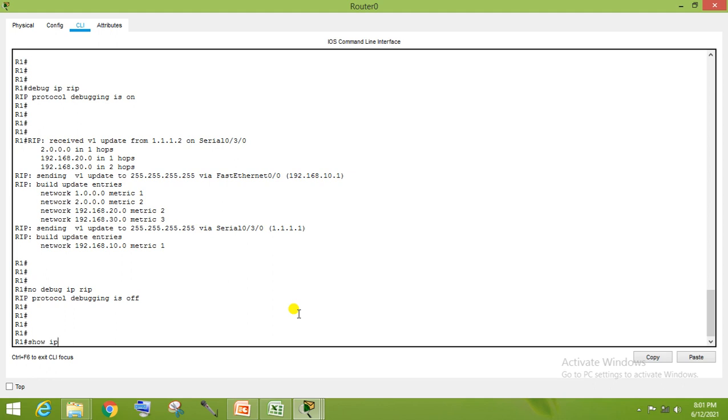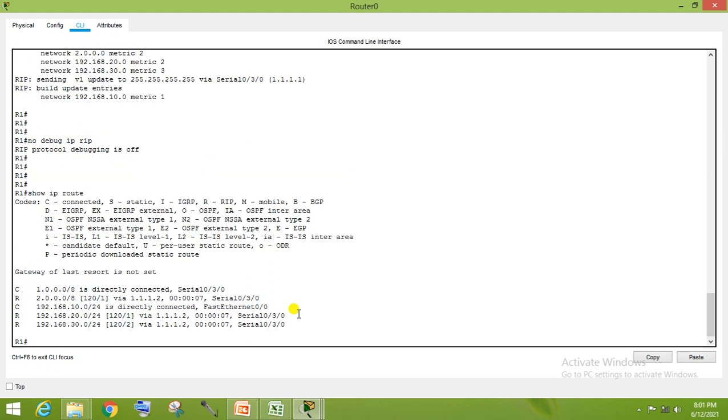Just use the command show ip route. So what we have learned here: this is a directly connected route, the 1 network and the 10 network, which it already knows. But the 20 network and the 30 network are learned through the routing protocol, automatically. I did not manually configure this network or this network.